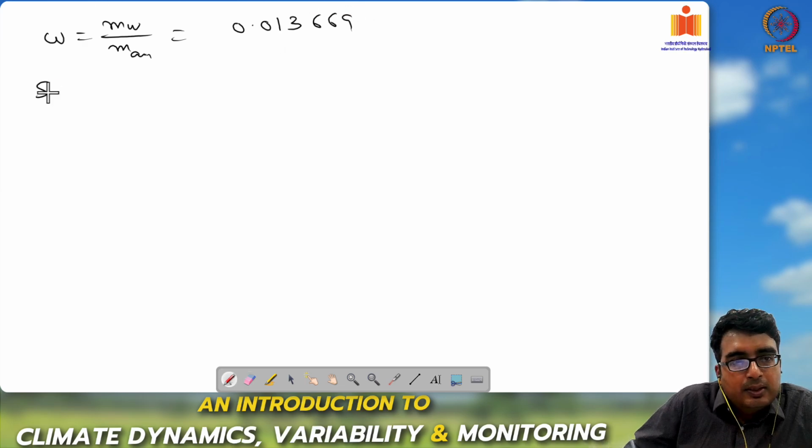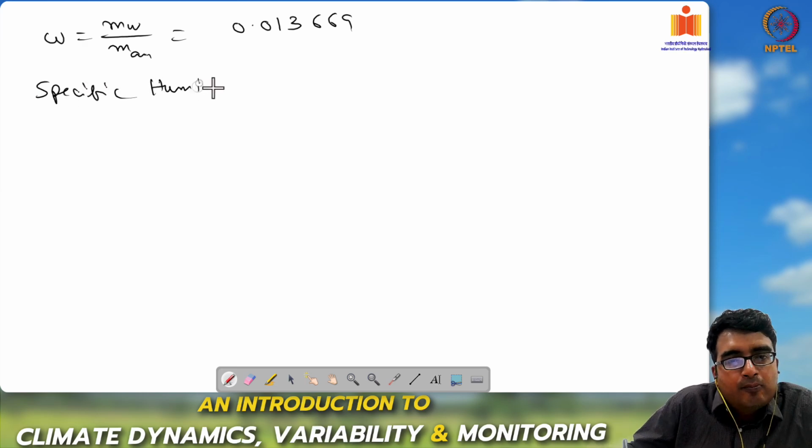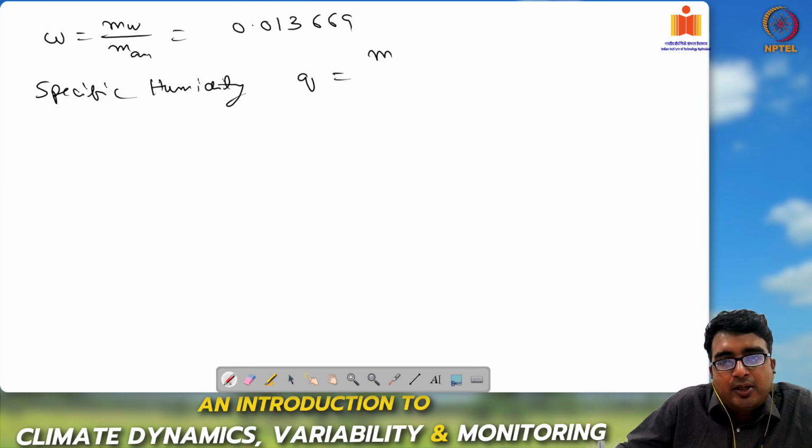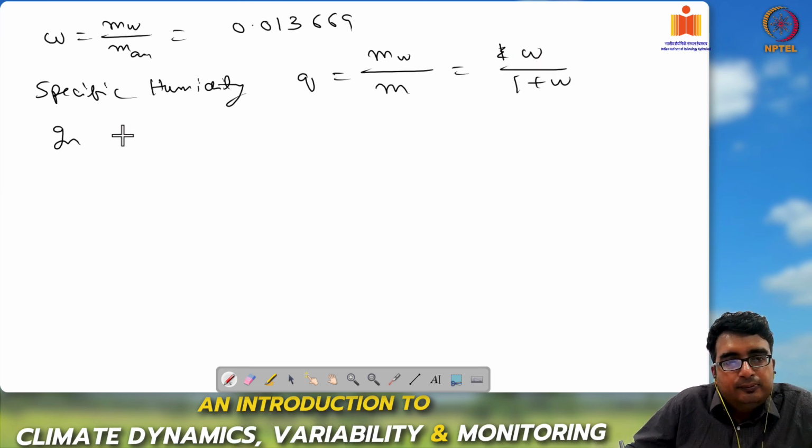Now, specific humidity Q is mass of water by the total mass, which is given by omega by 1 plus omega. In general, Q is almost equal to omega.